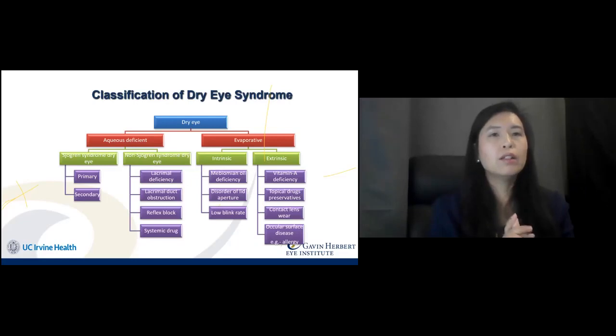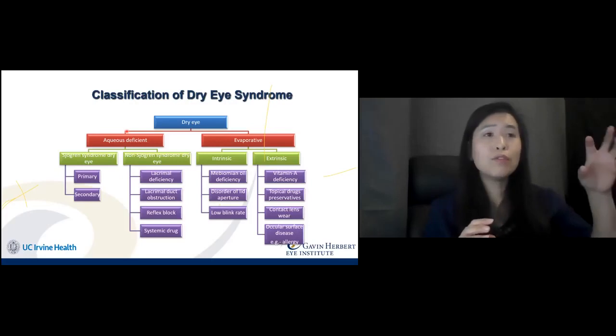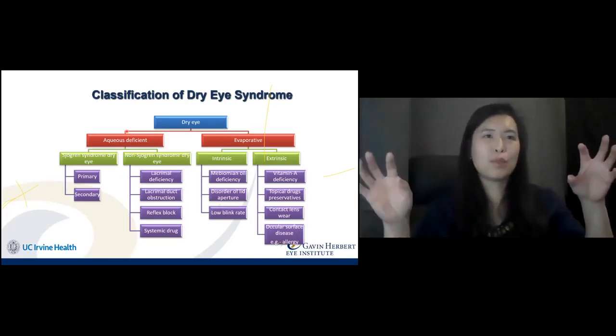And I don't want you to try to understand all of the different causes, but at least look at in red here. Our two major divisions are to think about, is dry eye in this patient an aqueous deficiency or is it an evaporative problem?